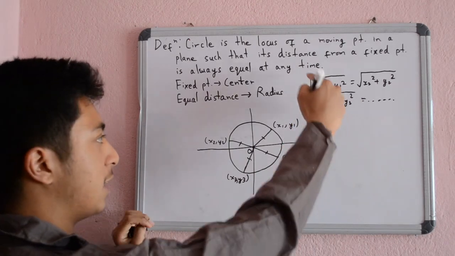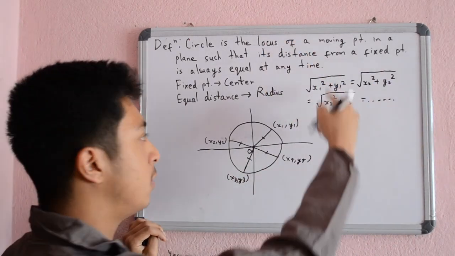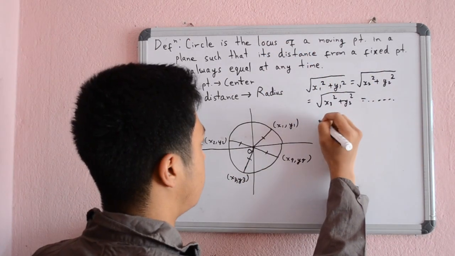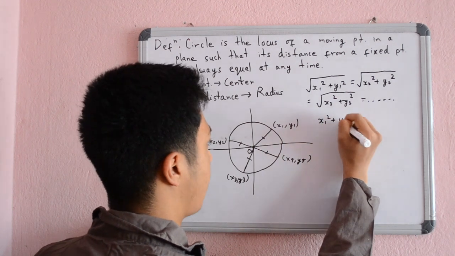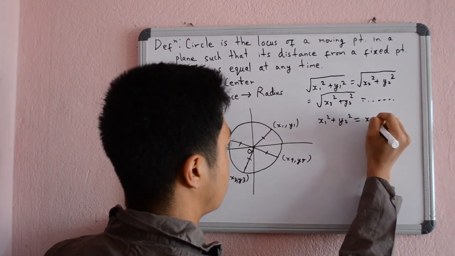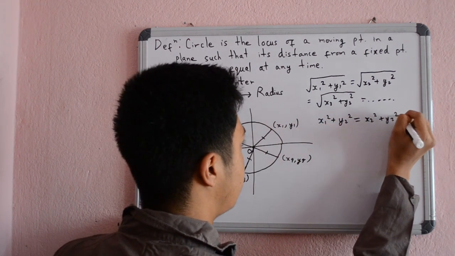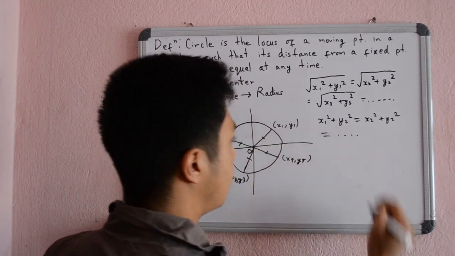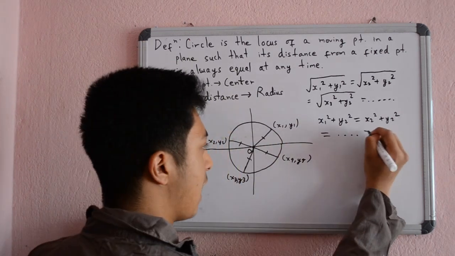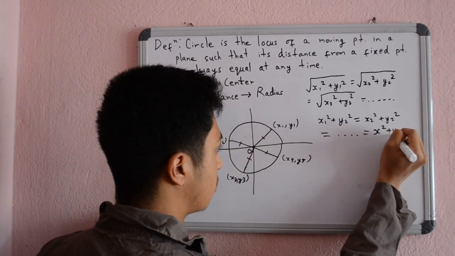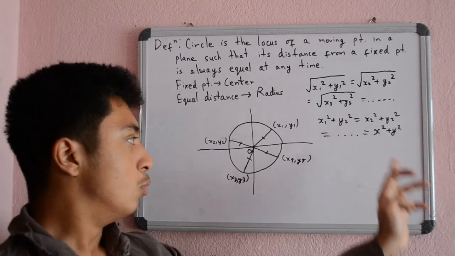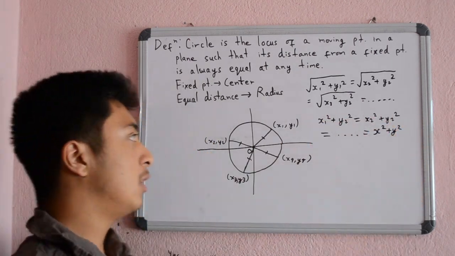Now we can just square both sides to remove the square root. So x1 square plus y1 square is equal to x2 square plus y2 square is equal to dot dot dot, and in general we can write it as x square plus y square. Now we have found the left hand side of our equation.